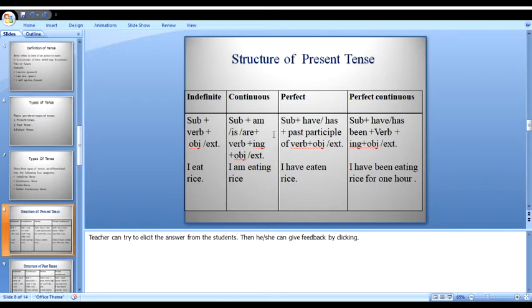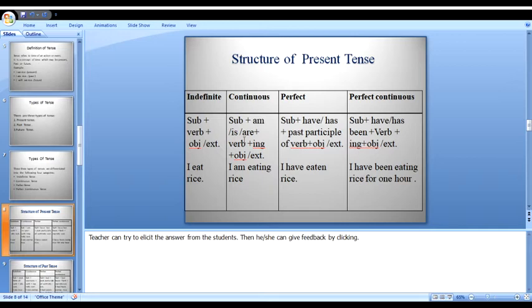Now come to the present continuous tense. Present continuous tense is used when an action is continuing or going to be continued in the near future. For this type of sentence, the structure will be subject plus am or is or are.